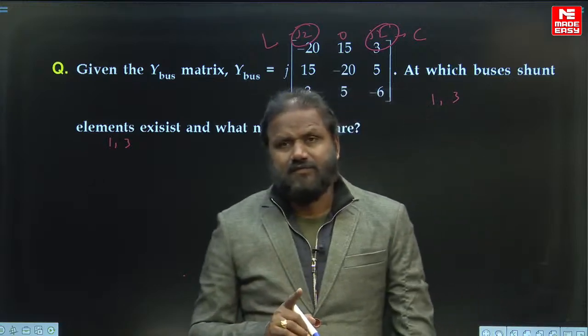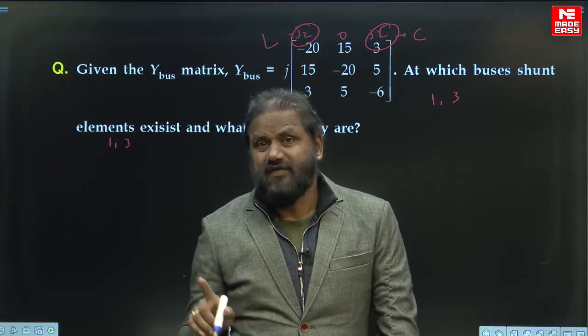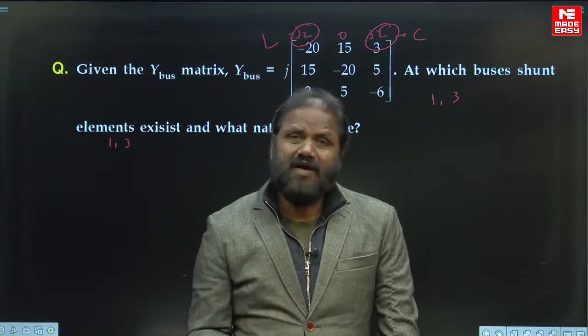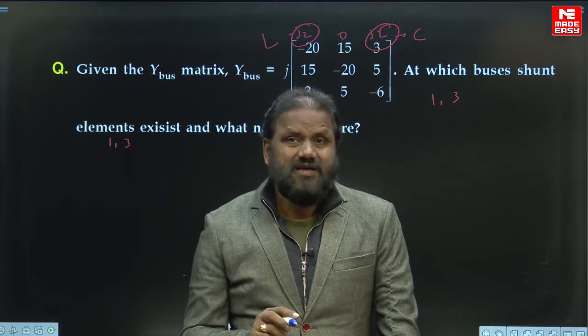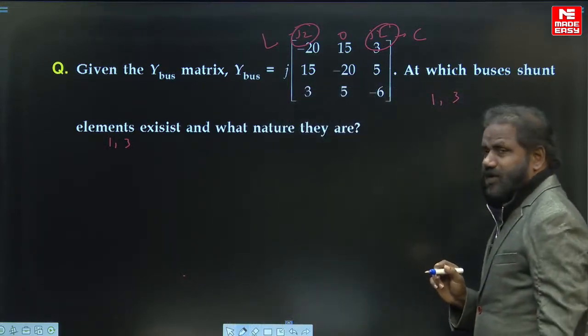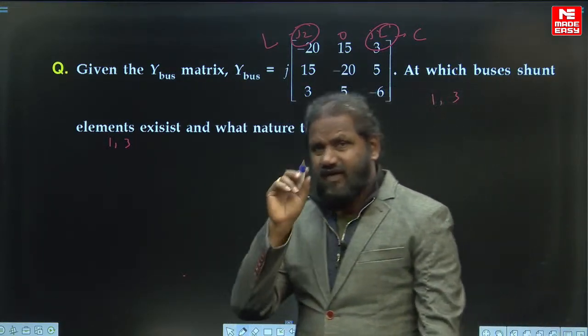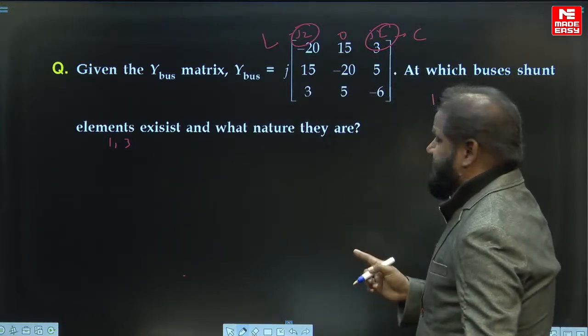If the imaginary component of that remainder is positive, that indicates the load is of capacitive nature. If the imaginary component of the remainder is negative, that indicates inductive nature. This is the rule I used to tell in class while you are writing the Y-bus matrix. As for that, we can make the things like this.